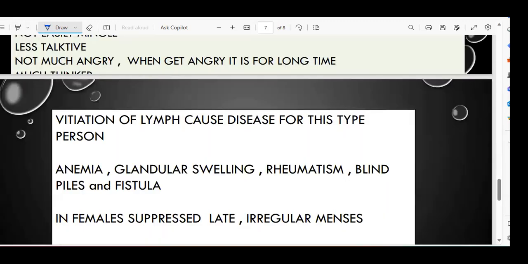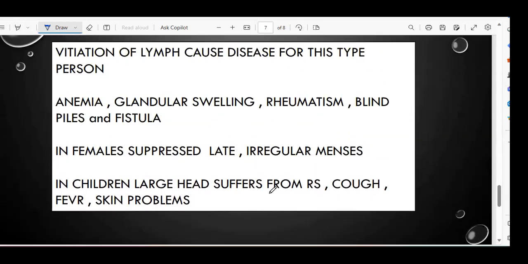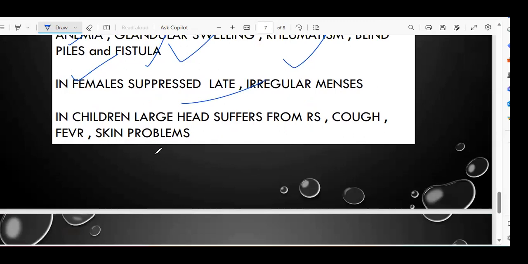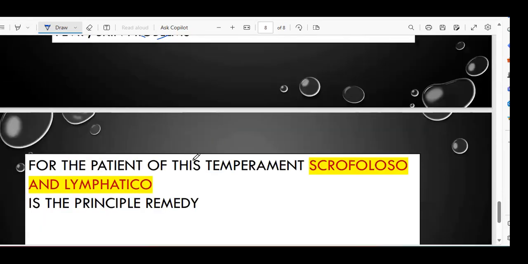Now come to what type of diseases he will get. Mostly anemia, glandular problems, rheumatism, blind piles, fistula, menses problems. In males, impotency, skin problems. This is also seen.